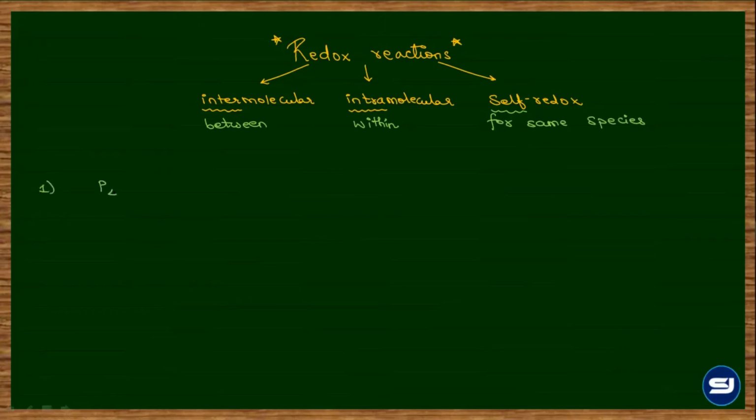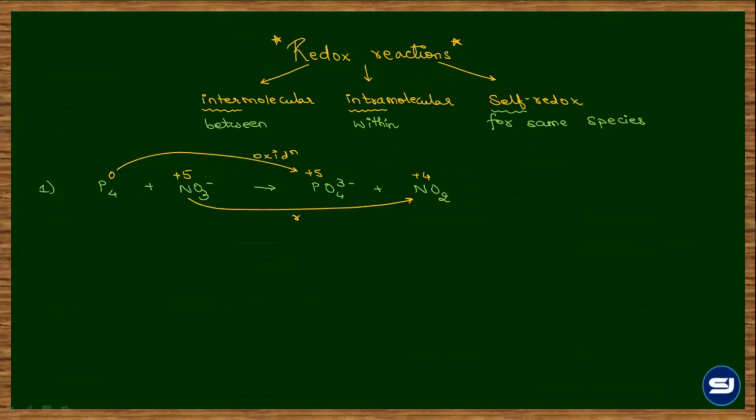First, let's say I have an example of P4 plus NO3 minus gives PO4 3 minus and NO2 and given this reaction, है ना? So the oxidation states were 0, +5, +5 and +4. So here the phosphorus is undergoing oxidation and the nitrogen is undergoing reduction.